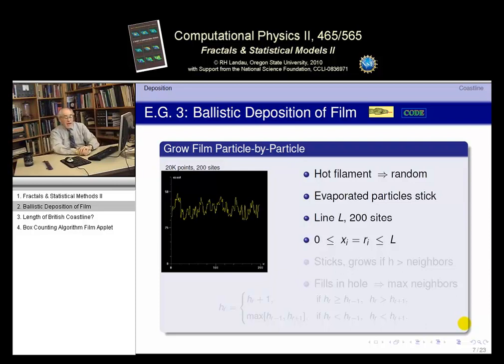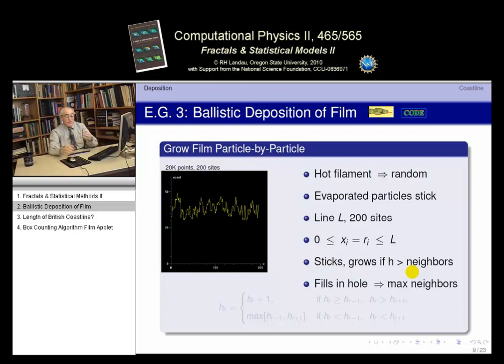Okay, so the x values are random numbers. So we choose a random site out of the 200 someplace on this line. Okay, and then if a particle hits another particle that's sticking out like a sore thumb, it's going to stick to that particle, gets higher. If it hits another high particle, it sticks.